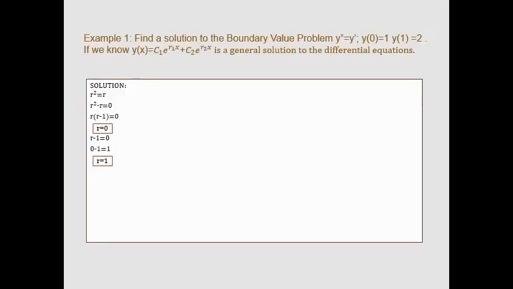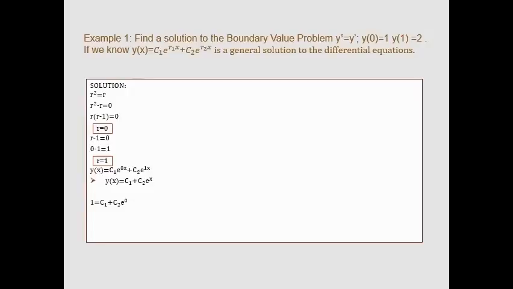So y(x) is equal to c1 e^(0x) plus c2 e^(1x). So y(x) is equal to c1 plus c2 e^x.